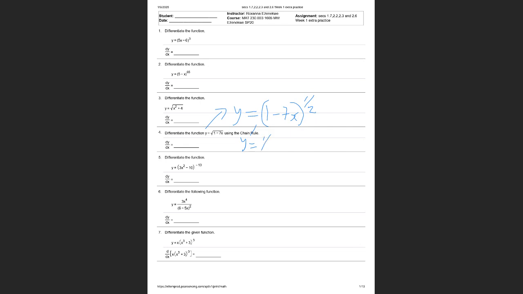Bring down the power as coefficient. Then I have 1 minus 7x to 1/2 minus 1 multiplied by the derivative of the inner function, which is g of x, and that is going to give me negative 7.